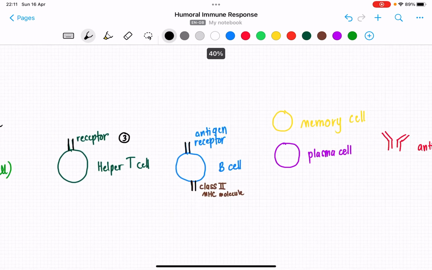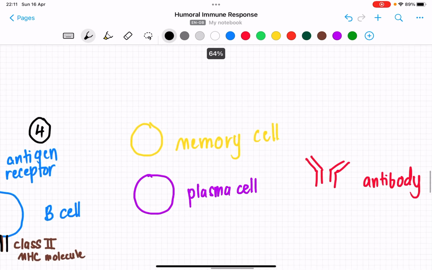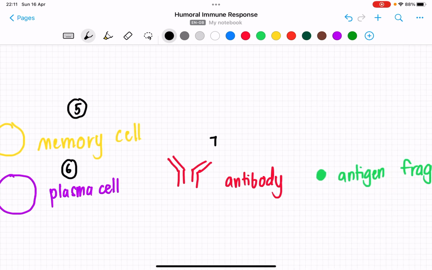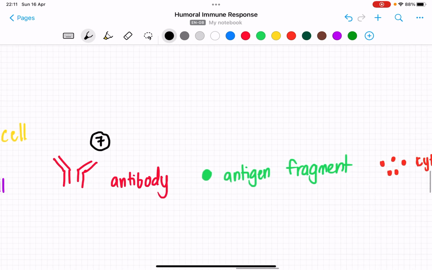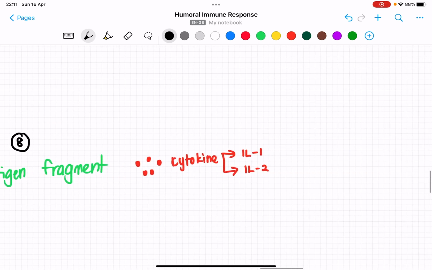We also have the memory cells and then plasma cells, antibody and antigen fragment, and cytokine.